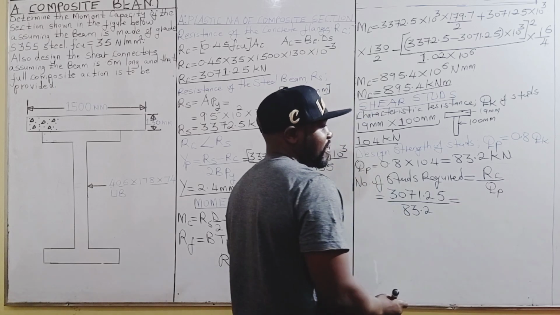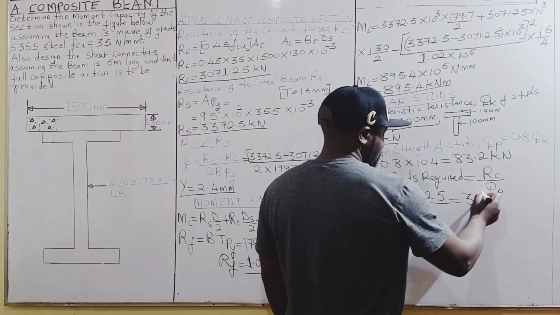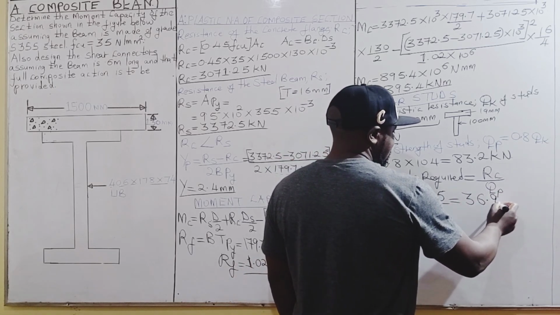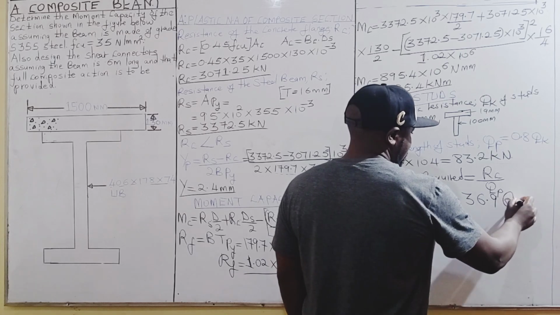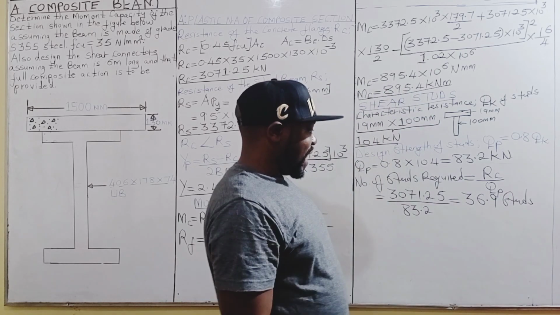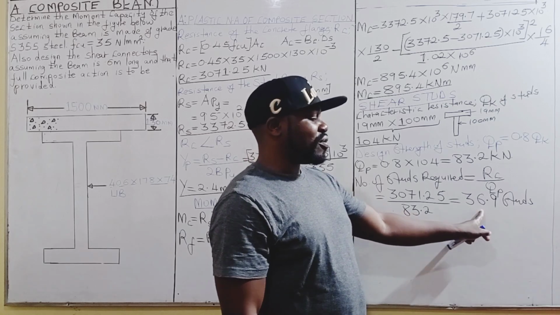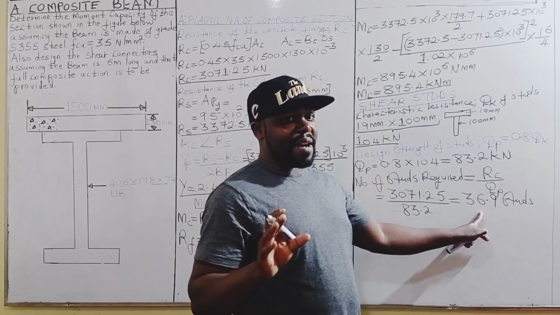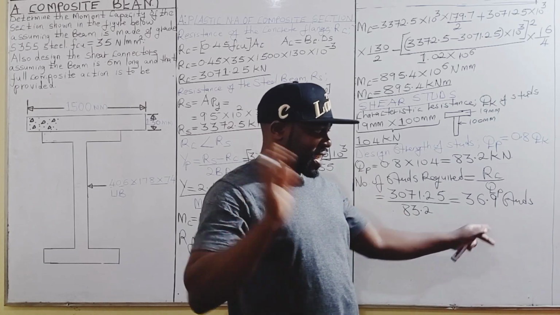And this is going to give us 36.9 studs. This number should be greater than that, so we can approximate to an even number of 38 studs.